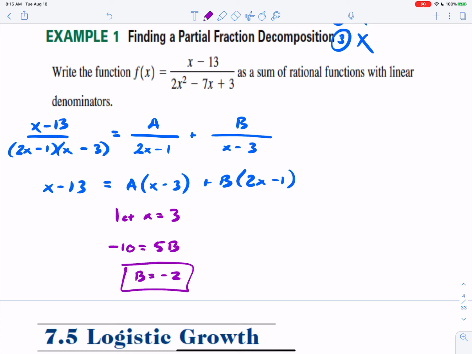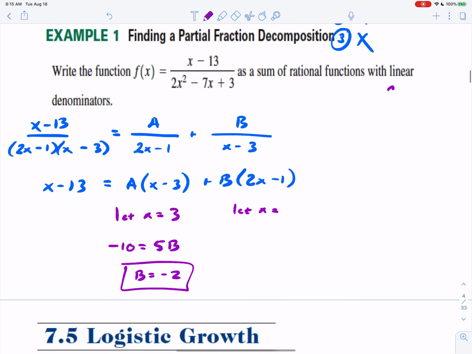Over here, what should I let x equal if I want to get rid of B? Now this one's not super obvious, but just think about it. If I want that to go to 0, x should be 1/2. So you're going to put 1/2 here.